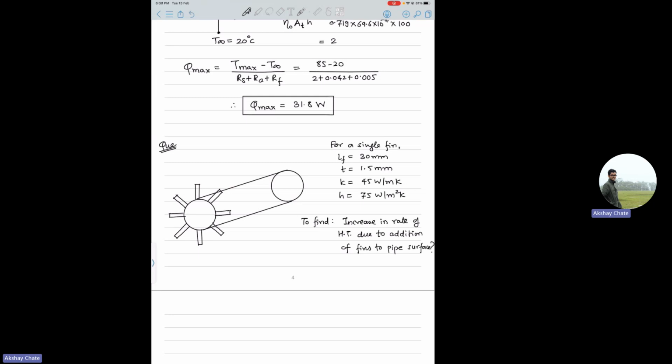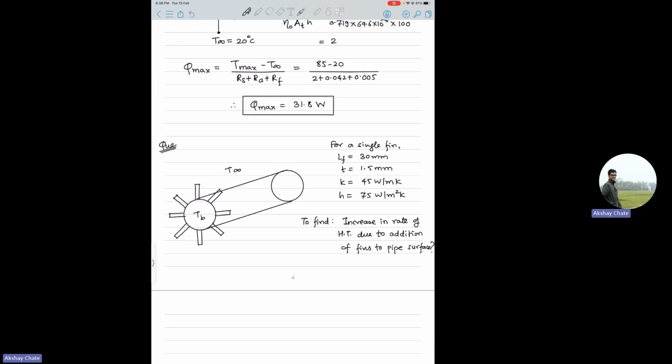So how much more heat are you getting? They have not mentioned any length of the pipe, any temperature limits here. So we have to assume unit length and some delta T, which is constant. So let's say this pipe is at some base temperature TB and you have some T infinity as your ambient temperature.